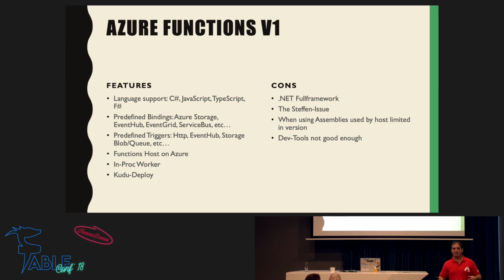If you haven't heard about the Steffen issue, just go onto GitHub, look where Steffen posted most of his issues in the functions repo, and you will see they're all about binding redirects. So one of the biggest problems there is binding redirects. Because of this issue with the binding redirects and because of the app domain, we were really limited to what assemblies we can use, especially in which version, right?